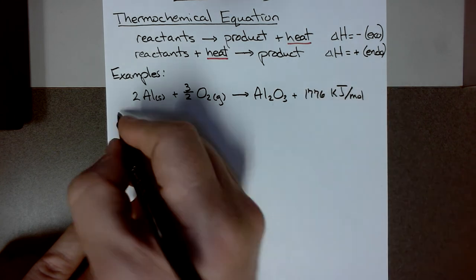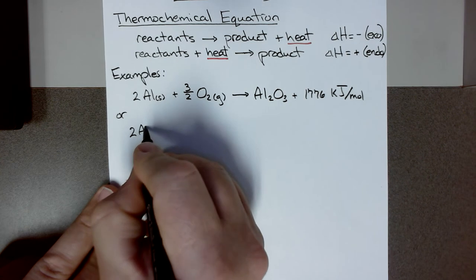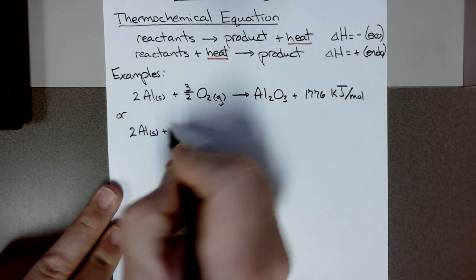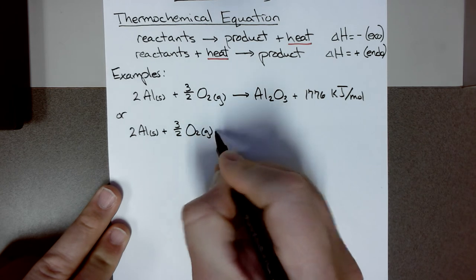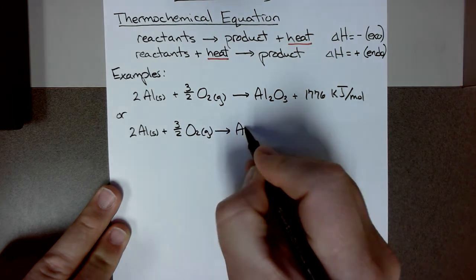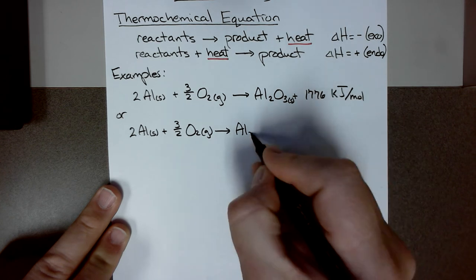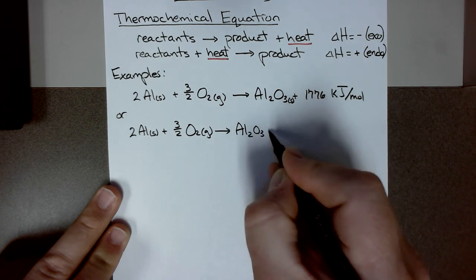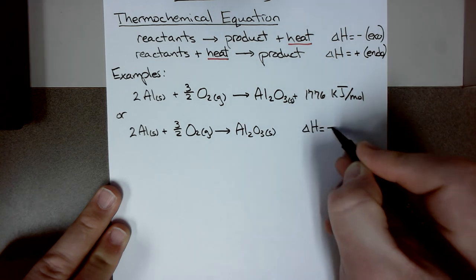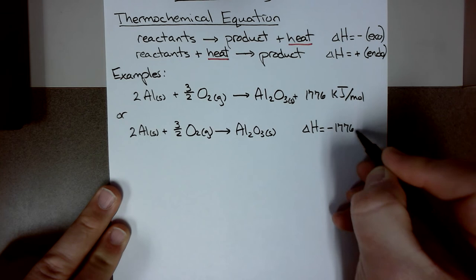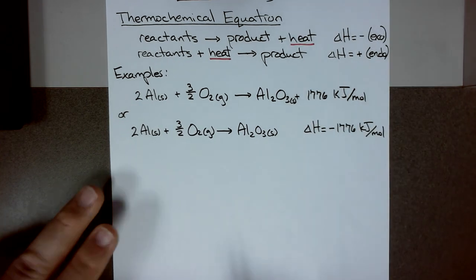Or we could write it as 2 moles of aluminum plus 3/2 moles of oxygen gas will produce 1 mole of aluminum oxide solid, and then to the side we can say delta H is equal to a negative 1776 kilojoules per mole of reaction.